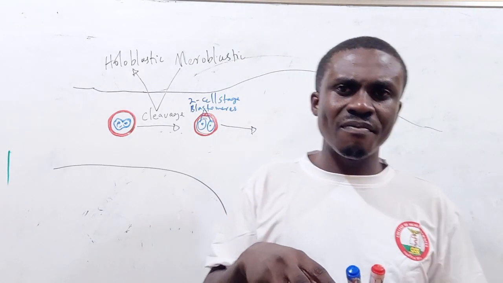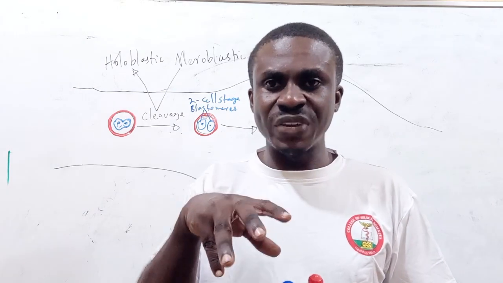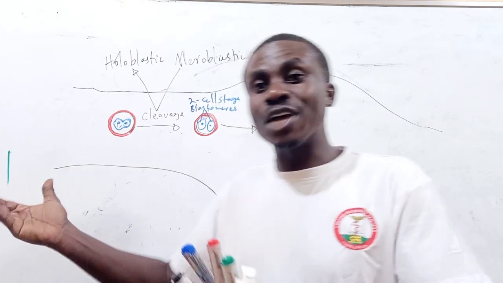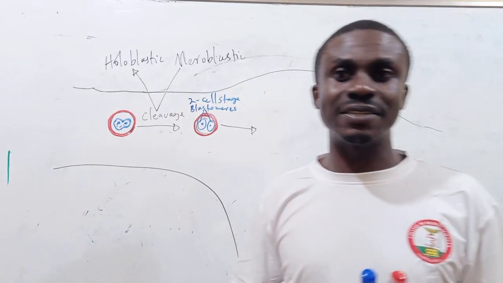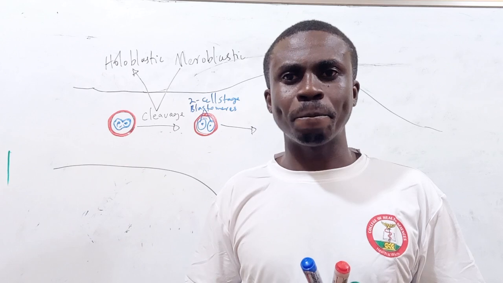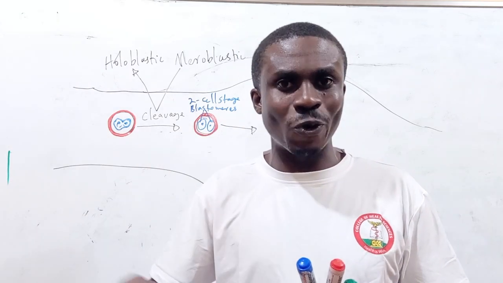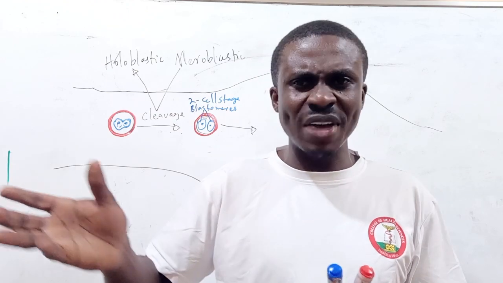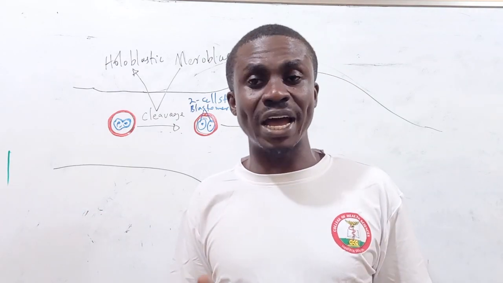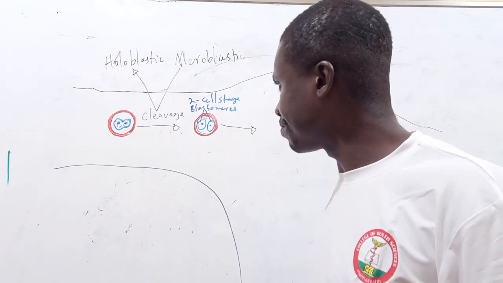And this synchronous cleavage will cease as we increase the number of cell stages. It will cease. Then it becomes asynchronous, so that one can divide at this point. That's what is going to happen as the cells increase.